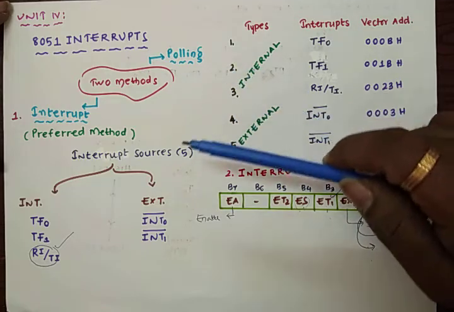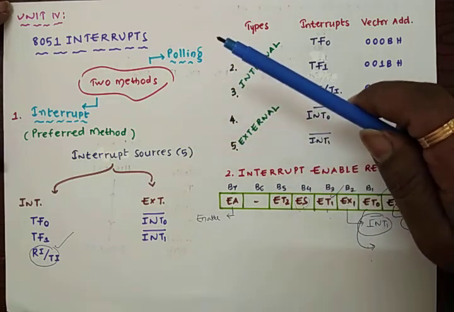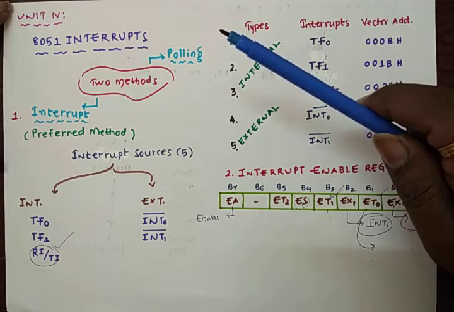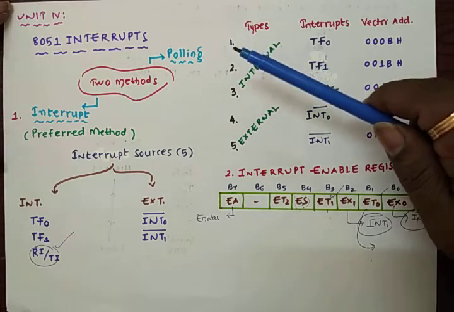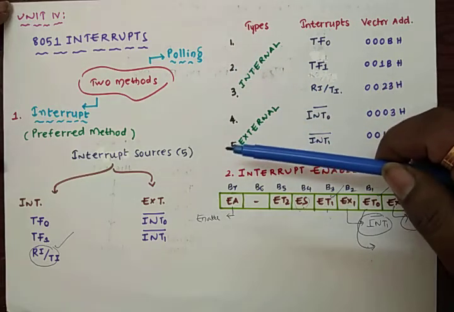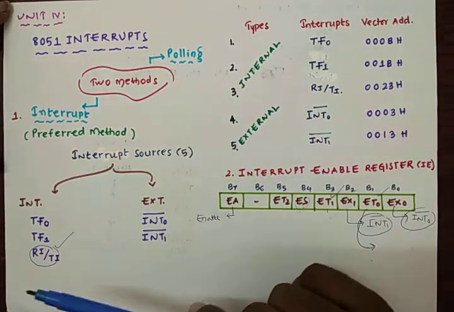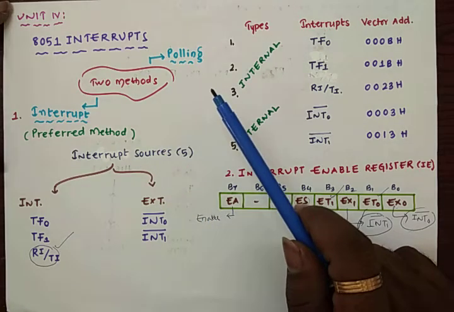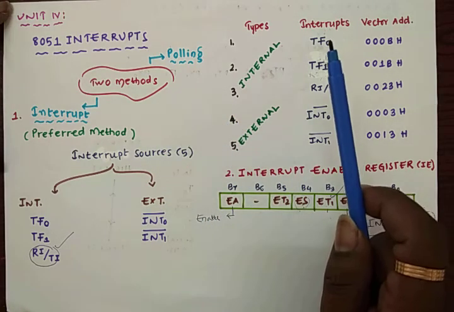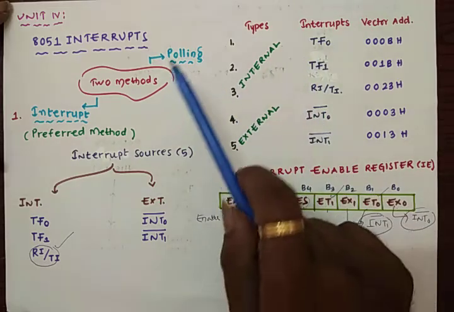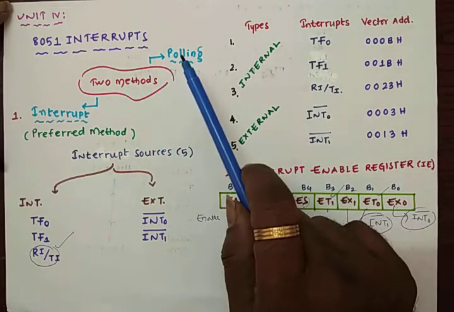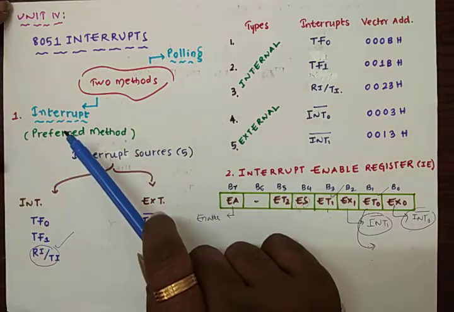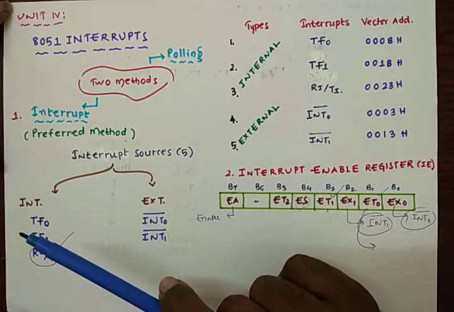because every time the 8051 microcontroller keeps checking each and every input-output device to know whether any device needs service or not. The second method is the interrupt.